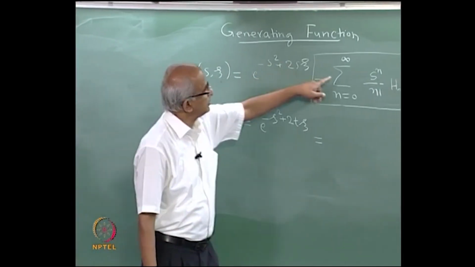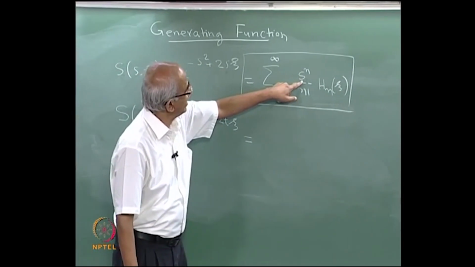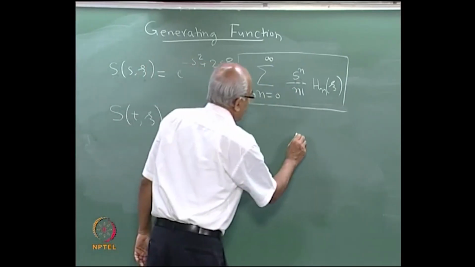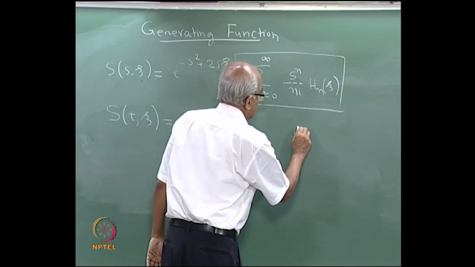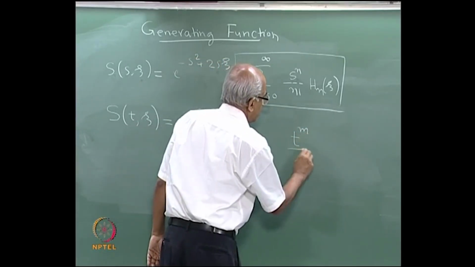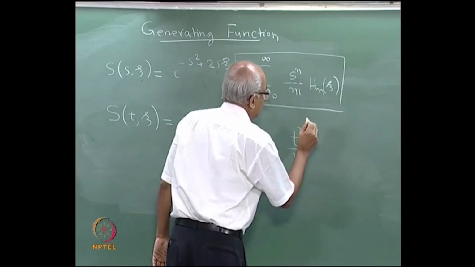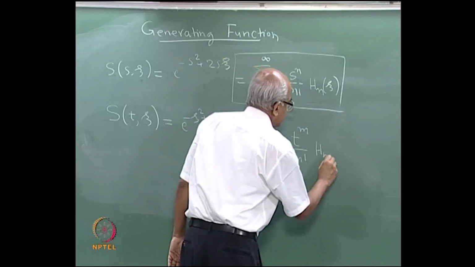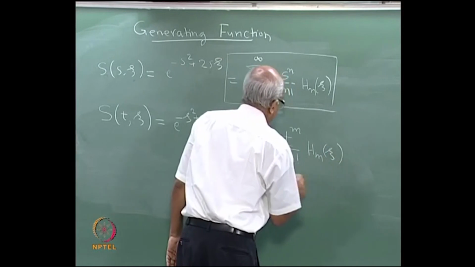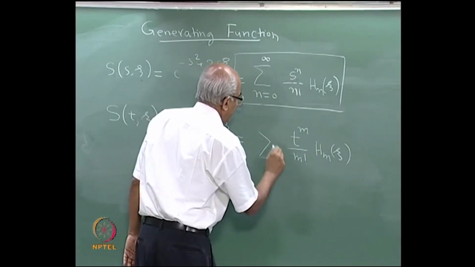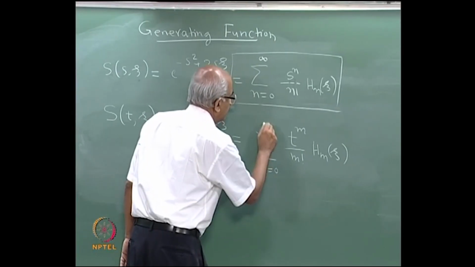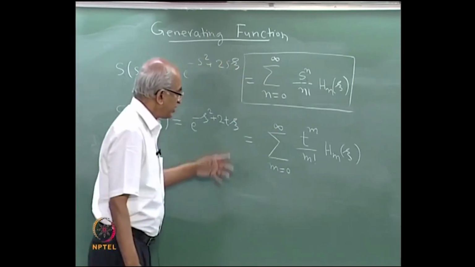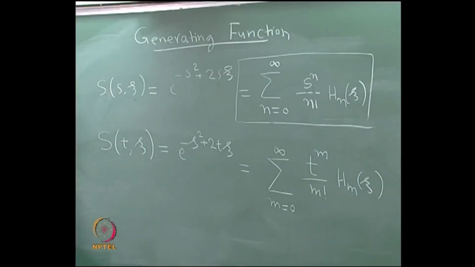Earlier the expansion was a power series in s, but now it will involve a power series in t, and I will write t to the power of m divided by m factorial multiplied by Hm of c, and naturally you will have to sum over all possible values of m which will run from 0 to infinity. And you will find that these two functions as they are written are extremely useful, and we are going to use them.